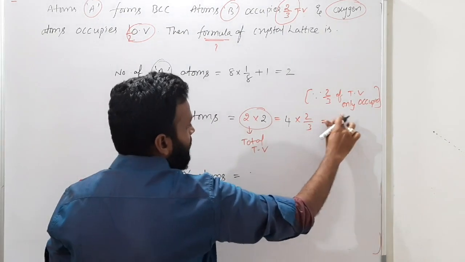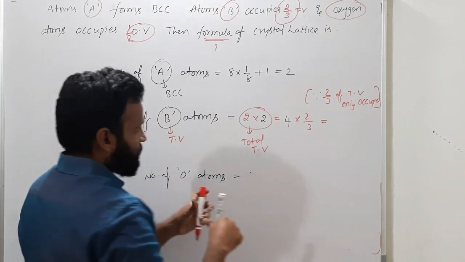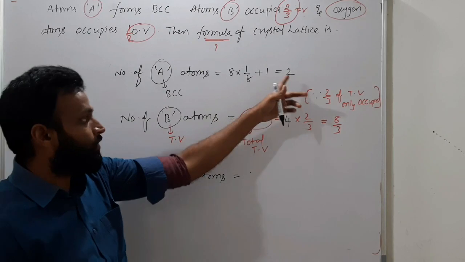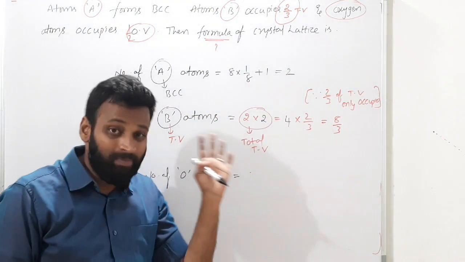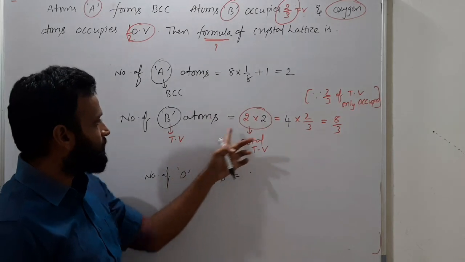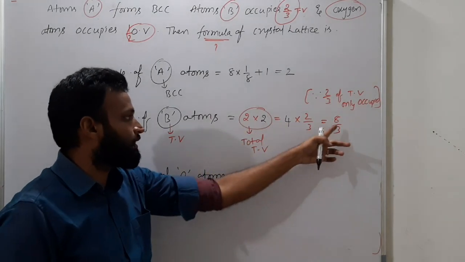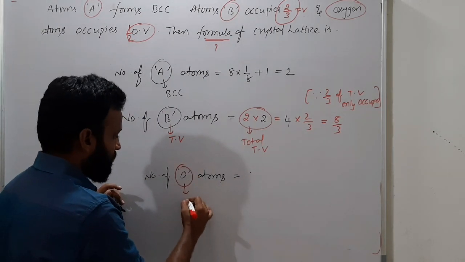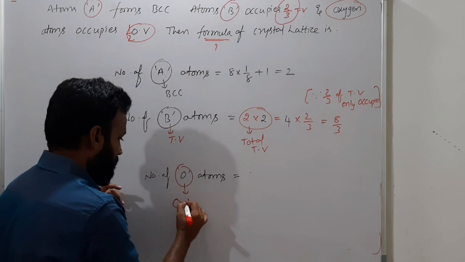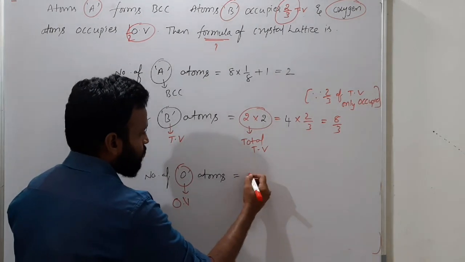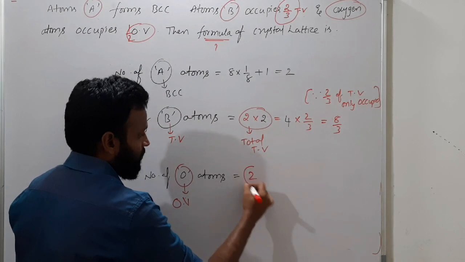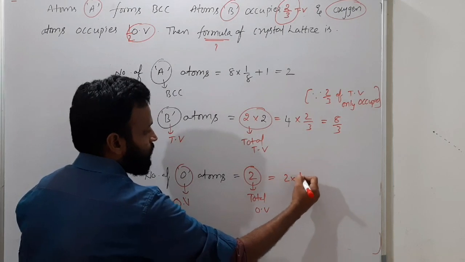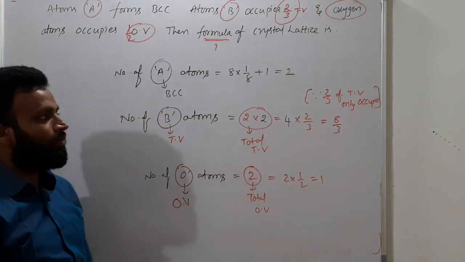Oxygen atoms form what, octahedral voids or tetrahedral voids? Octahedral voids. Total octahedral voids means 2. So 2 into 1 by 2, that means only 1. So the number of oxygen atoms is 1.